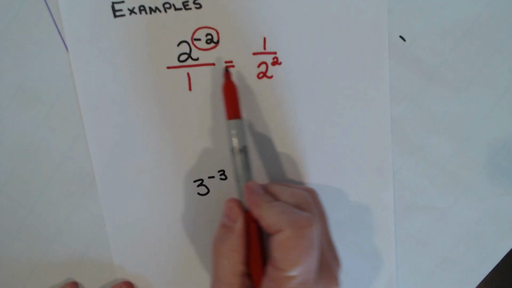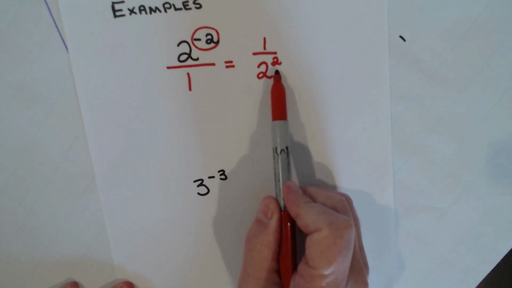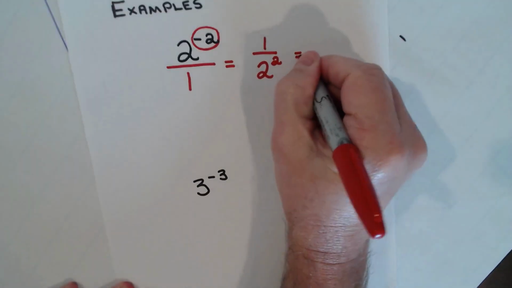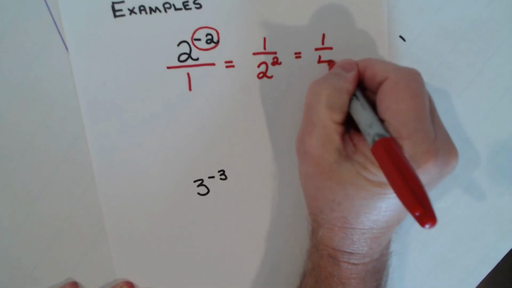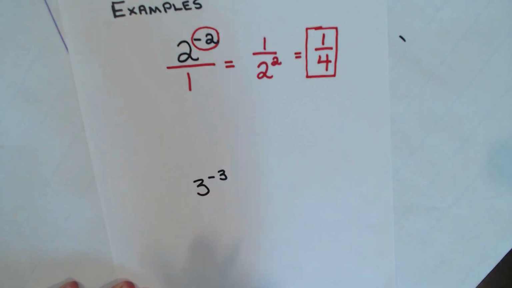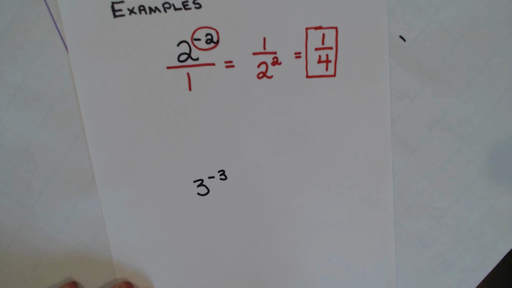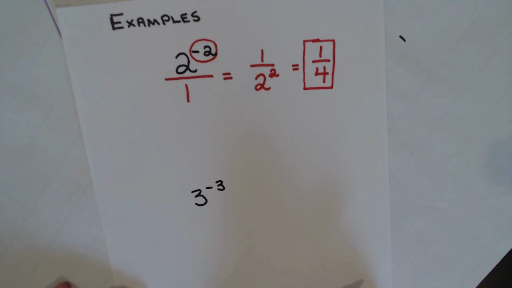We flipped it, we changed the sign, and now I need to take 2 to that power. 2 to the second power is 2 times 2, so this ends up being a fraction of 1/4. 2 to the negative second power is simply 1/4.